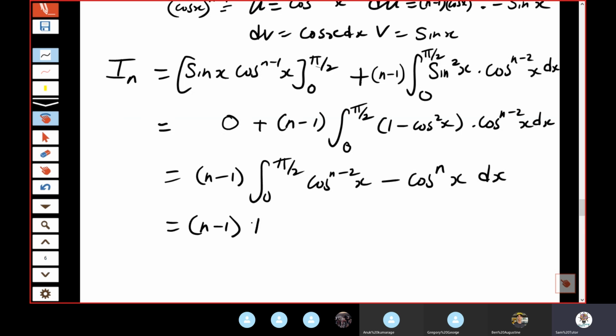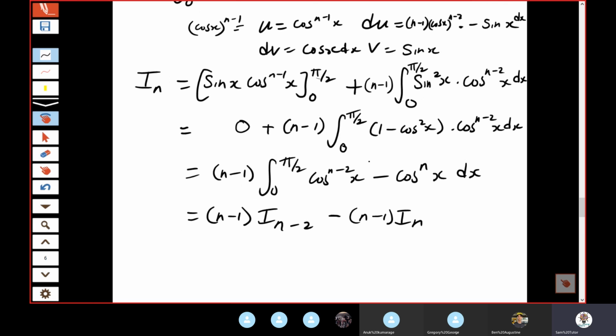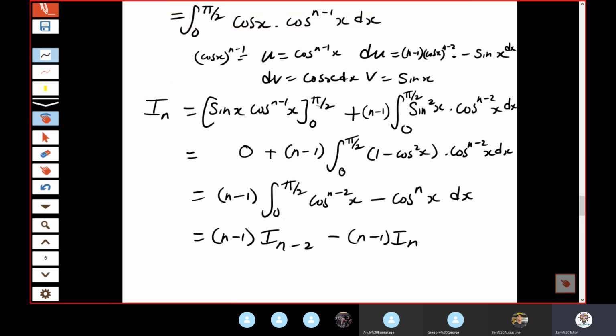Isn't that just I n minus 2 minus In? Wasn't that the original question? All right, let's go up and have a look. The integral of cos n minus 2 x, as I'm saying, is I n minus 2.